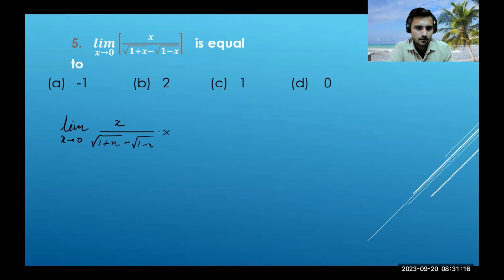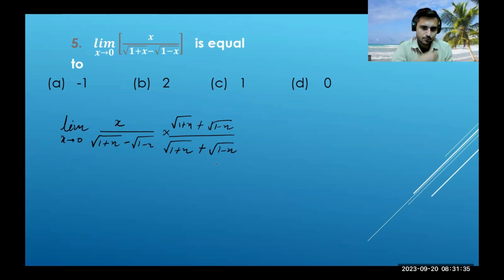So we'll multiply by the conjugate of this numerator. So we have square root of 1 plus x minus square root of 1 minus x, and the conjugate we take with just the opposite sign: square root of 1 plus x plus square root of 1 minus x.